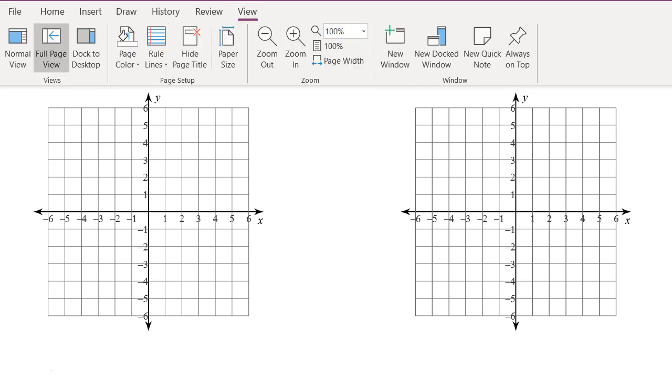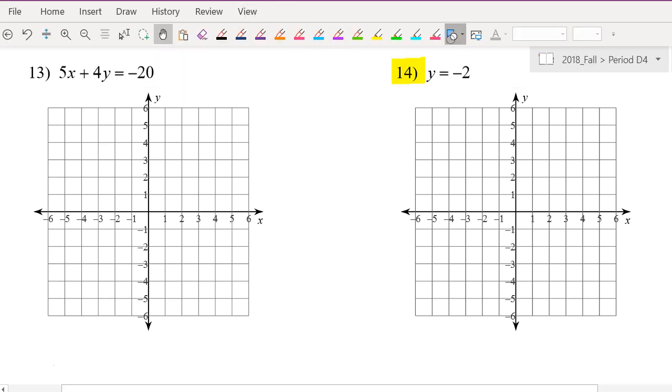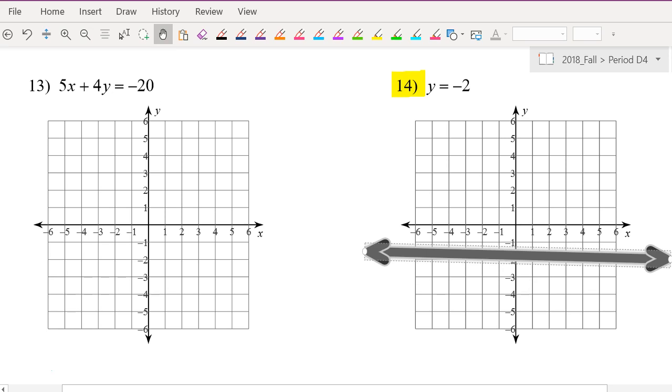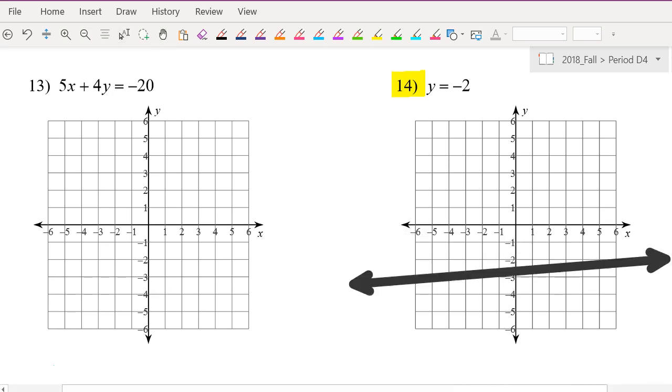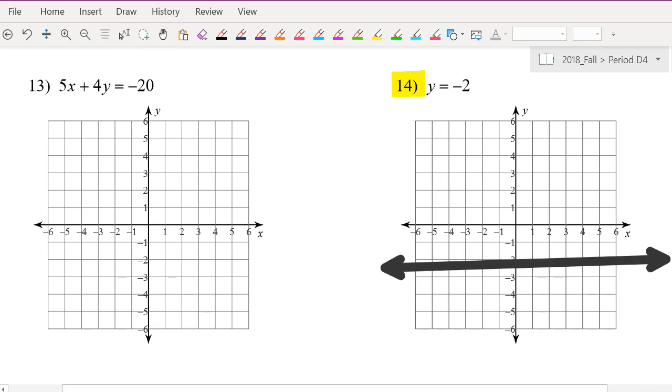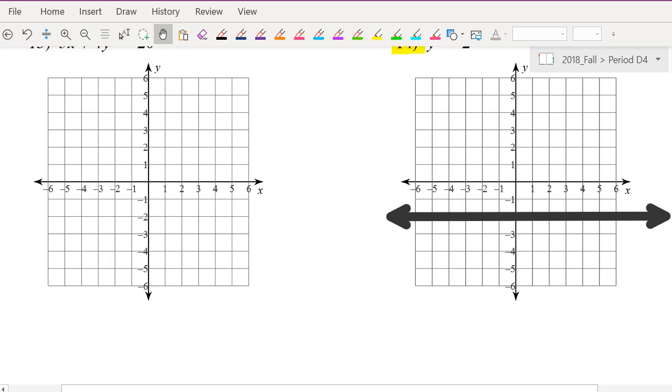So it's going to be a horizontal line at -2, so down 2. And I need to grab it on this side and make it straight. Come on, straight. Oh, there we go. Okay. Is that correct? Yes. Are you sure, Mr. Pass? Yes.